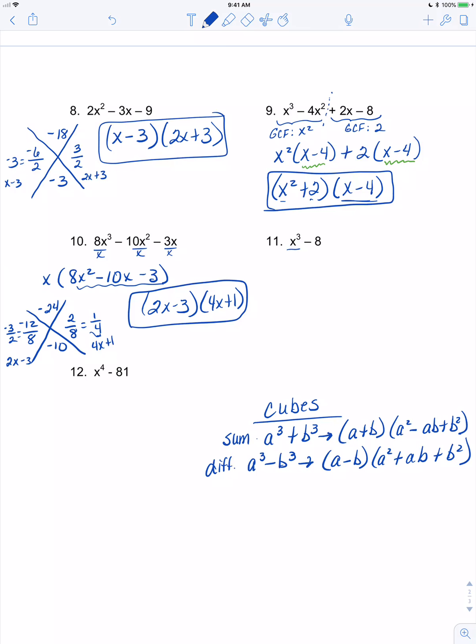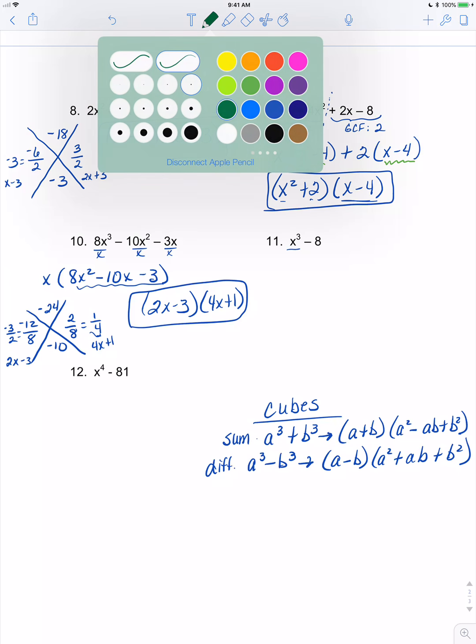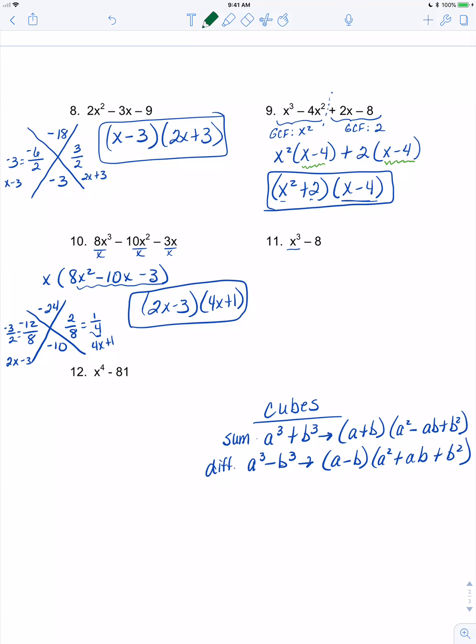Okay, how can you remember that? Maybe someone has taught you the acronym SOAP. So just know if you've got your cubes, this is always the same sign. So notice this is a plus if this is a plus. This one's a minus, this one's a minus. Then it's the opposite sign. So if this one's a plus, now this one's a minus.